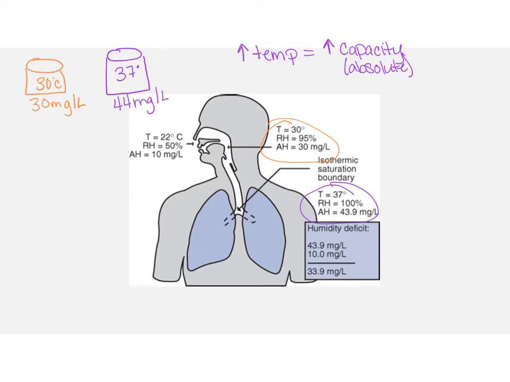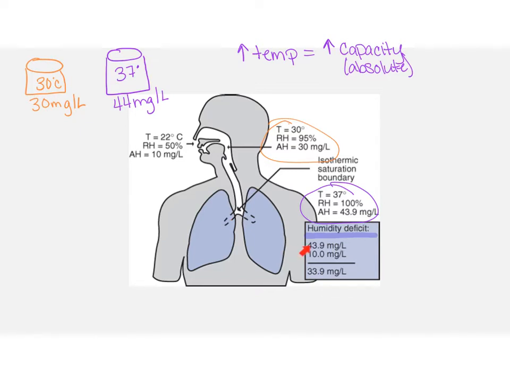Okay, to add another key term, we have humidity deficit. Humidity deficit is the difference from what the body has to make up. It is the difference from where the gas enters the body and where it meets all the BTPS conditions.